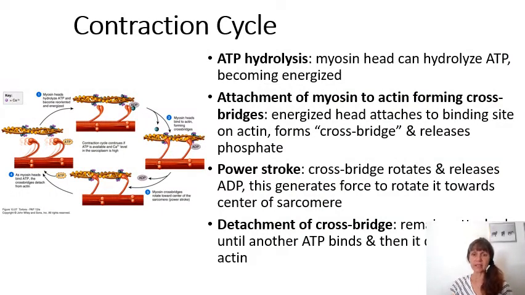The contraction cycle, as with any cycle, because it exists in a circle, we could really look at a picture of what happens within the cycle at any point. We're going to start with this picture at the top of the picture, where we have adenosine triphosphate binding to myosin heads.